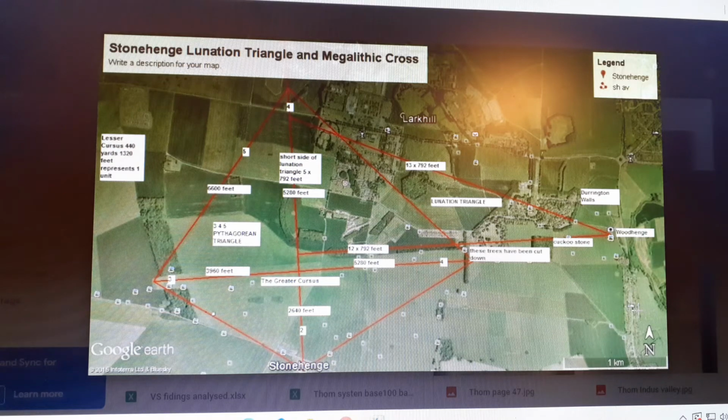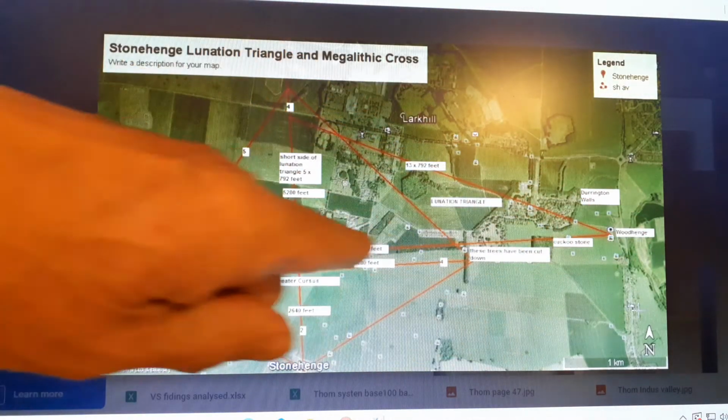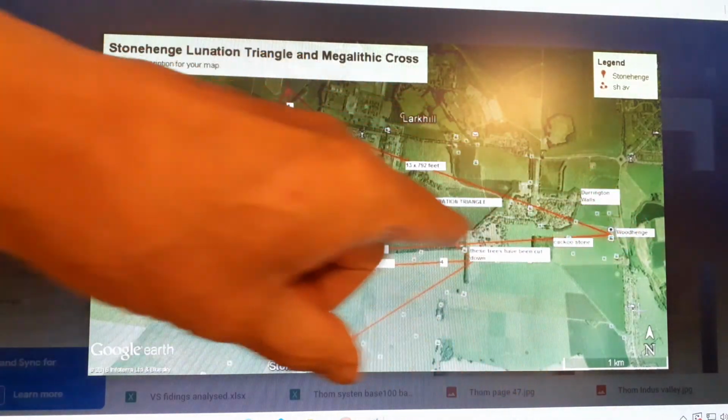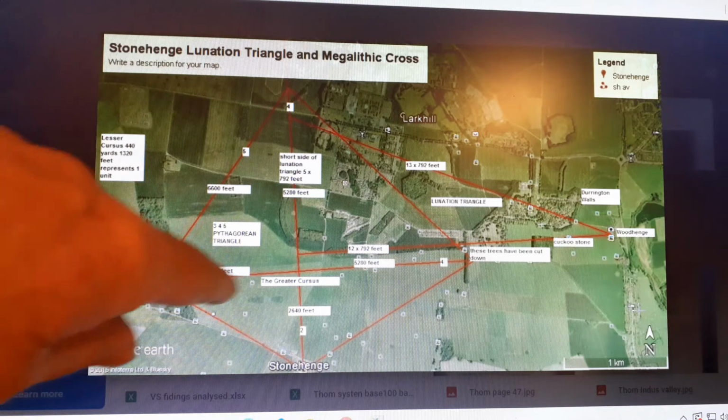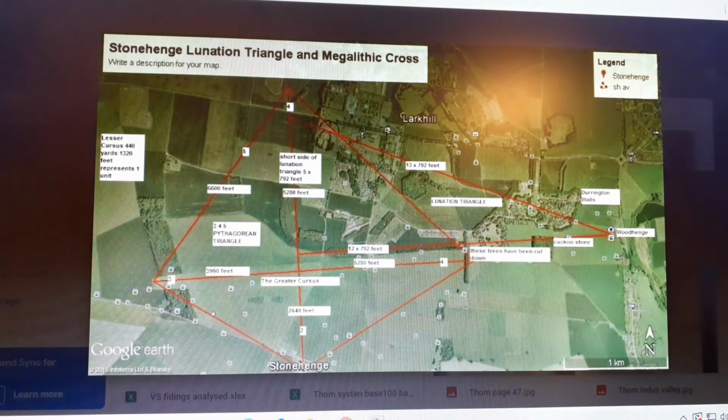And to be quite honest, when I found this lunation triangle, it took me probably over a year before I realised that this plus this produce megalithic yards and actually produces 15 Aubrey circles. Now there's no doubt about this. Anyone can replicate this, anybody can do it on Google Earth. And these measures have to be taken very seriously indeed.